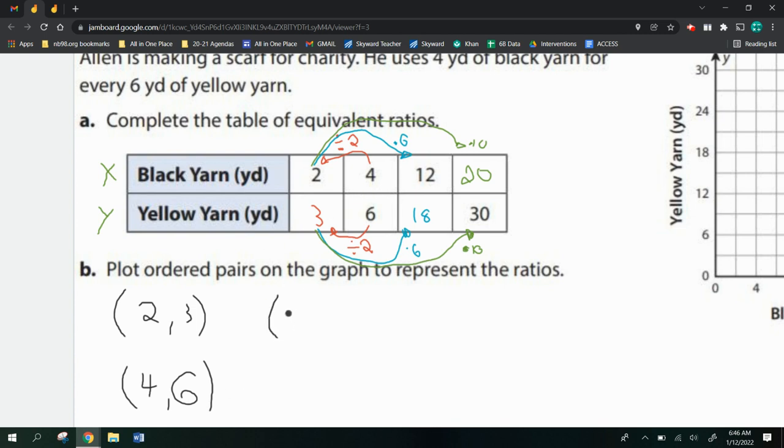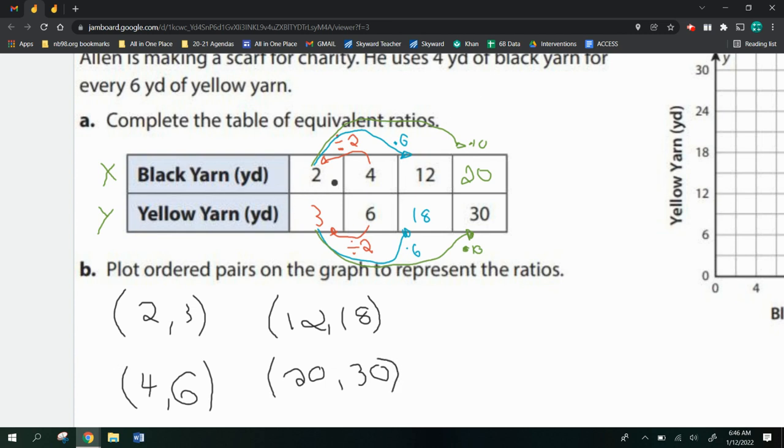Next, 12 is X, 18 is Y. And then last, 20 is X, Y is 30.